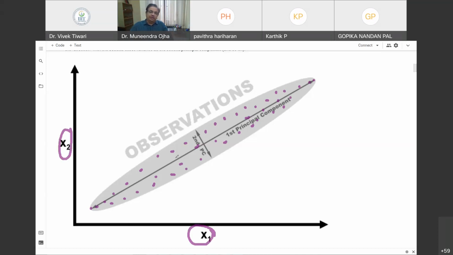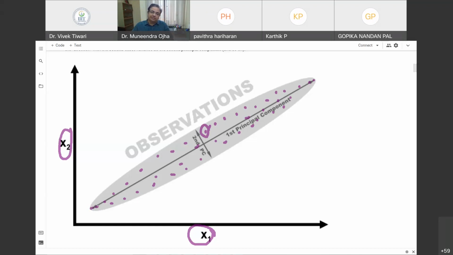Now I have obtained two new directions, and I want to project these points onto the new directions. So when I project these onto these two directions, what will it be? It will be a linear combination of x1 and x2, because this point is a representation of some value of x1 and some value of x2, but I am projecting it onto this axis.